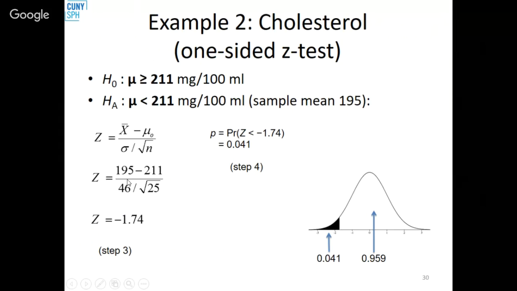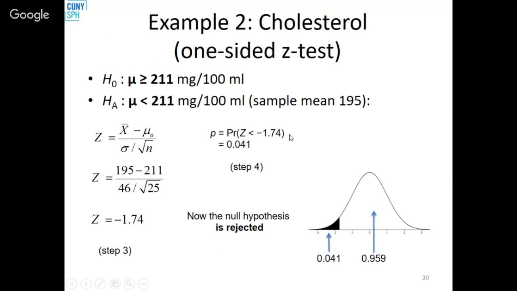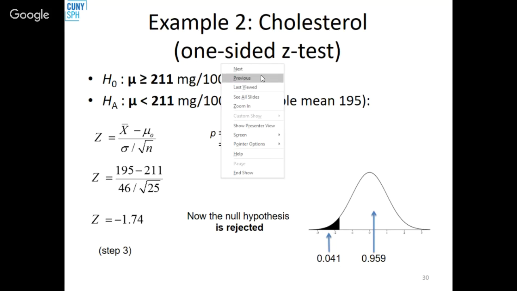Because it is negative, our probability under the left tail is 0.041. So in this case, we would have rejected the null hypothesis. This is only to show that sometimes it really matters which test you choose, and it had better be well justified if you're not using the two-sided test.